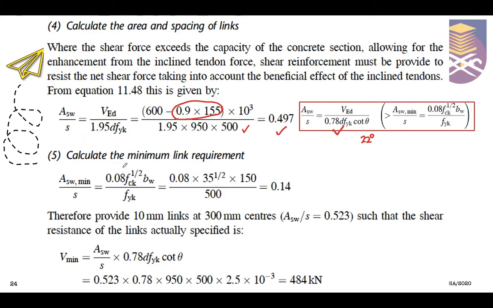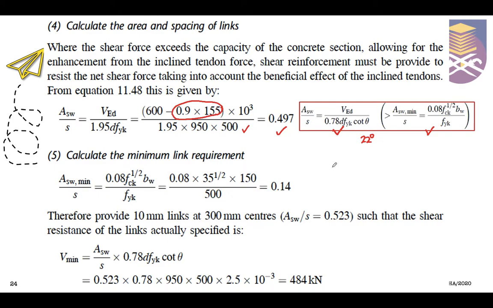Then we are going to calculate the minimum links requirement, whereby we use this equation. We use this minimum even though shear reinforcement is required. This minimum is to be provided at the sections where we have a lesser value of shear force.